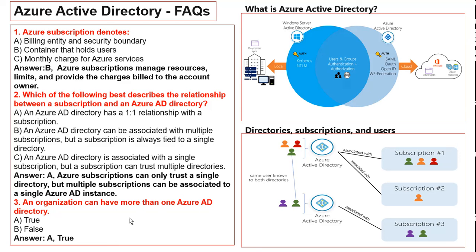In such a case, multiple Active Directories can be created for an organization, with connectivity from one AD to another AD. That will come in a separate topic. Anyhow, I think you got the clarity for these questions.